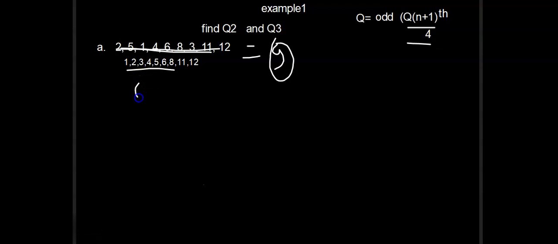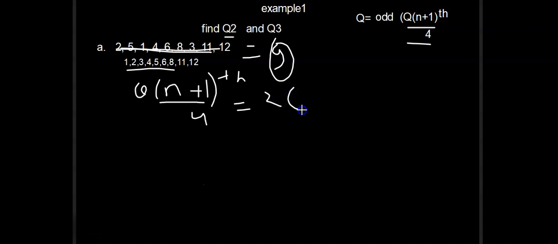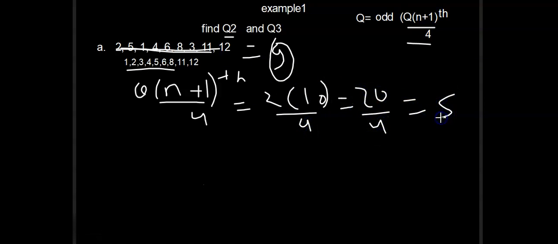It will be q times (n plus 1) over 4. Here q means I'm looking for these two. So it will be 2 times (9 plus 1), which is 10, over 4. So it will be 20 over 4, and 20 over 4 is 5. But 5 is not my answer though. 5 is the term, the fifth term.